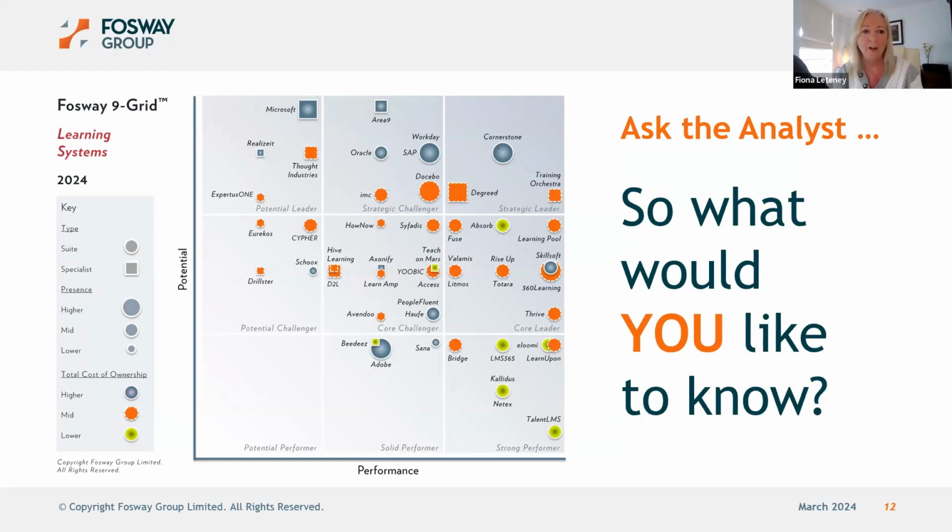So if you got buy-in, then you're more likely to get the budgets, and it was 3 times more likely to get those projects in advance. So it's about how you show value of what you're delivering using your learning platform and within learning and development.